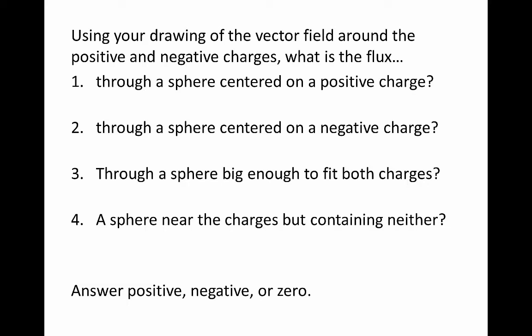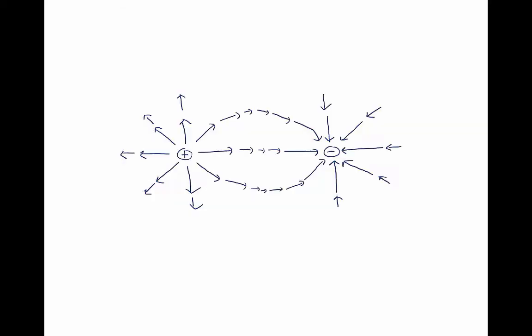So remember, in a closed surface, a positive flux will be that the arrows are pointing out through the surface, and a negative flux when the arrows are pointing in towards the surface. And zero is when those vector field arrows are running parallel to the surface. Okay, go back to your drawing and think about what that should be. Okay, let's think through this.